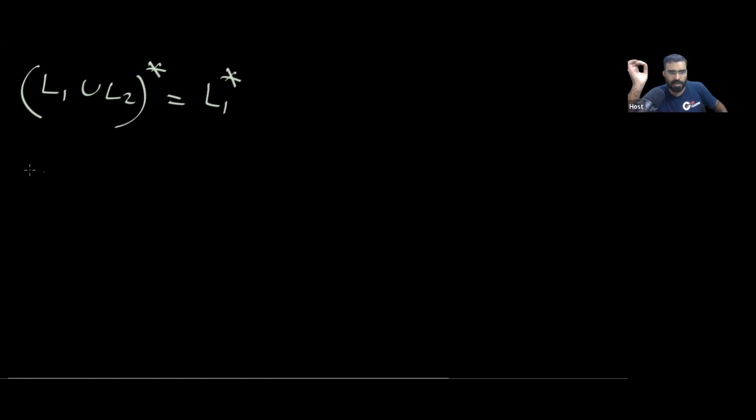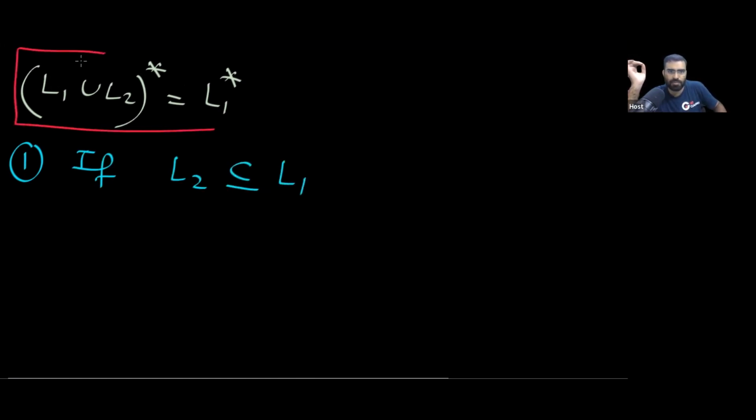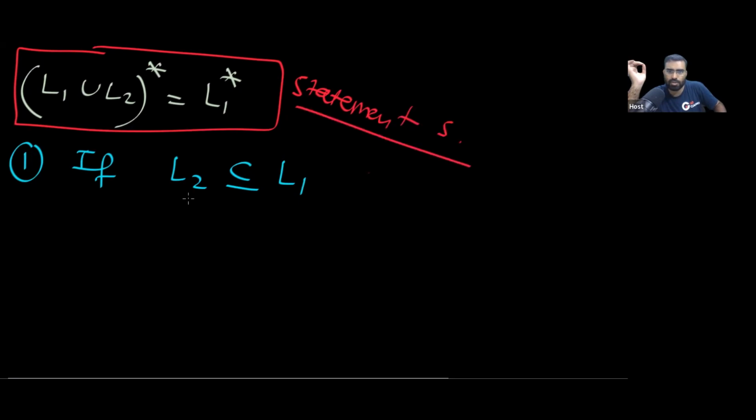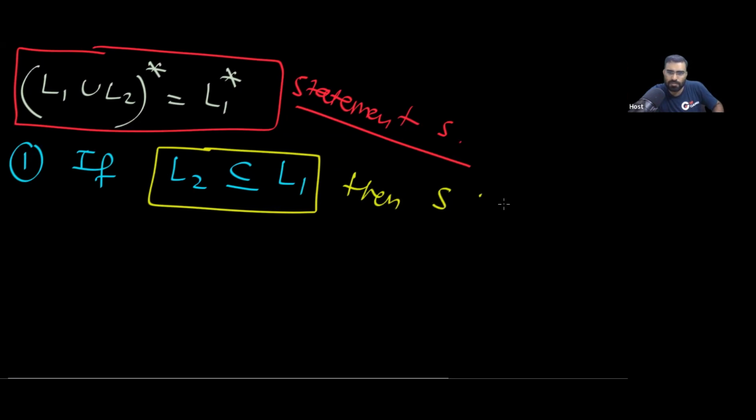Let's call it statement S. You tell me one by one, always go step by step. If L2 is a subset of L1, can I say that S is true? Please tell me. Can I say S will be true?